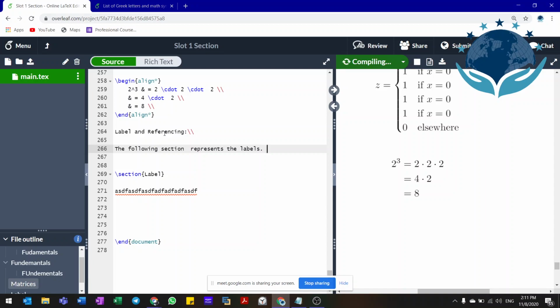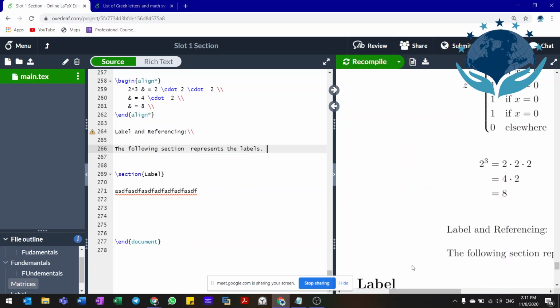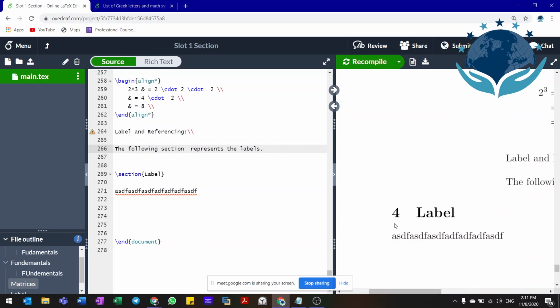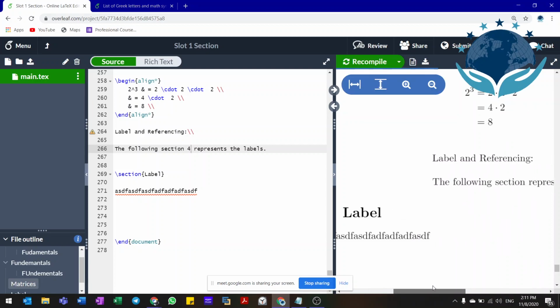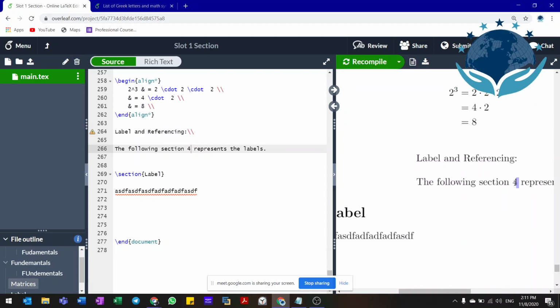Now I have to mention this following label. Let's say this is going to be the fourth section, so I have to represent 4 here. But here I'm giving it manually.